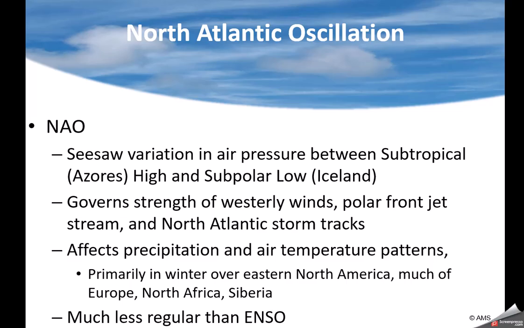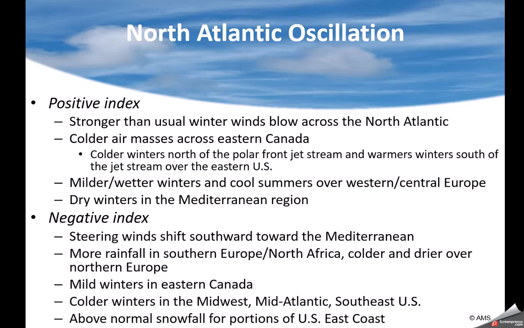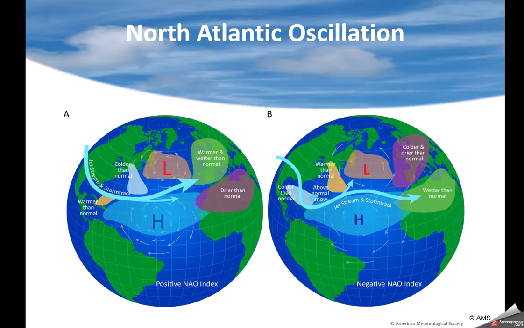There's another circulation, the North Atlantic Oscillation. When it's positive, you wind up with stronger than usual winter winds blowing across North America, colder air masses. Negative, you get a little bit different conditions. So you can see here, all it is is the difference in pressure between near the equator and up over Iceland.